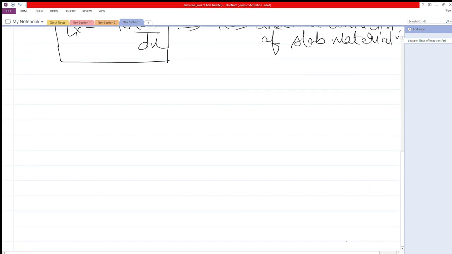Now we can write the definition of Fourier's law of conduction with the help of our understanding from the above example.